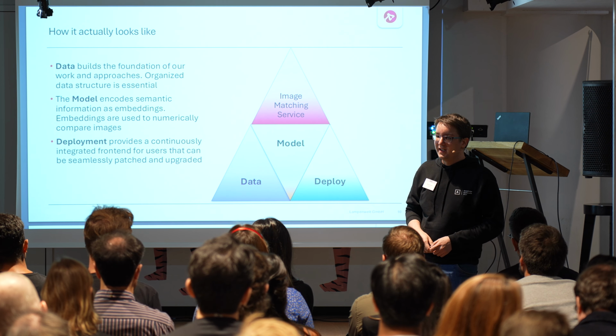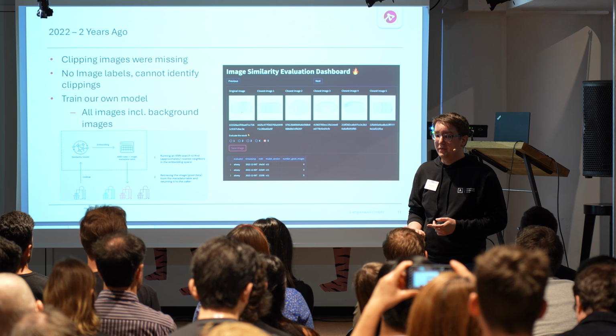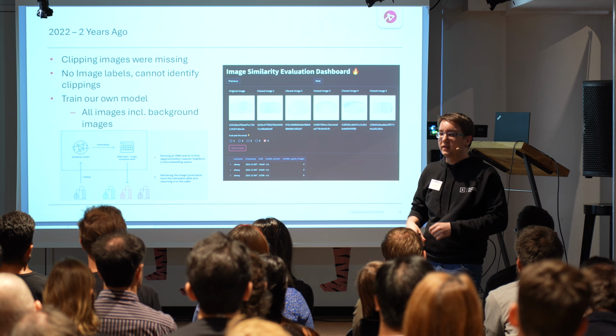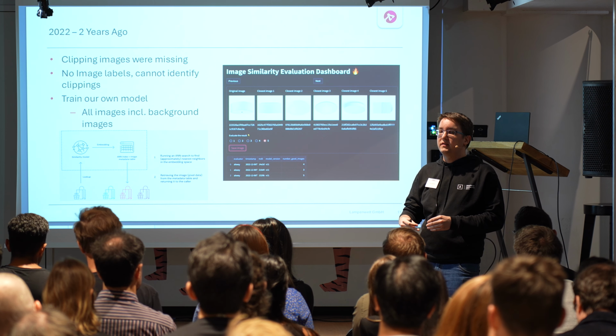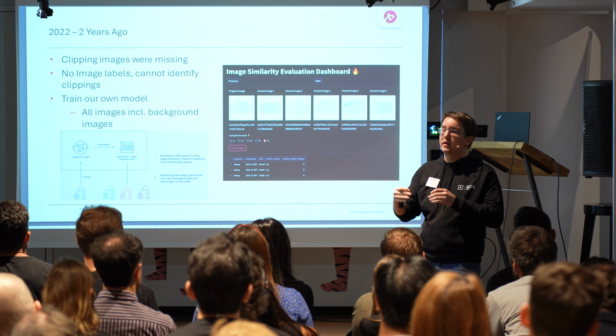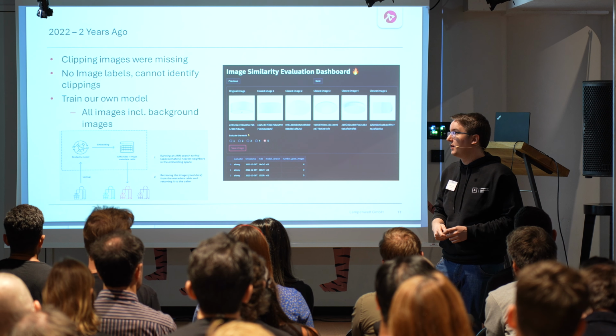So yeah, we did this 2 years ago. It looked kind of like this. There were 2 key issues that we had. One, we didn't have a label for clipping images, so white background, just the product. And we found that it works best if we just have the product in focus without unnecessary noise.